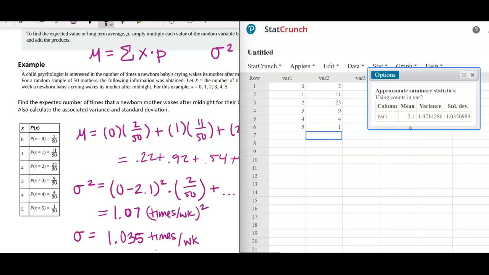So an average of 2 times a week, plus or minus 1. So you should expect to be somewhere in this range. And if you look at our probabilities, that makes a lot of sense, since that's where our peak is. And that's what our probability distribution would follow, with some context there.